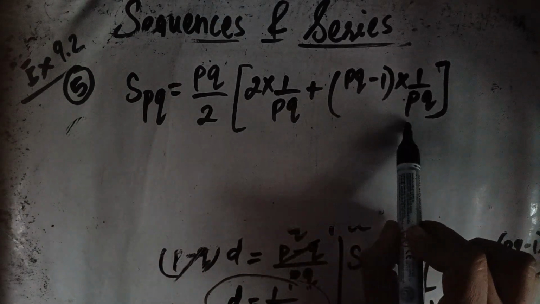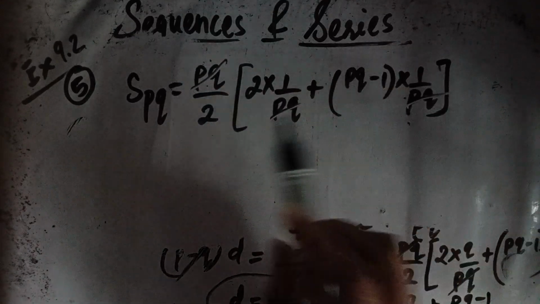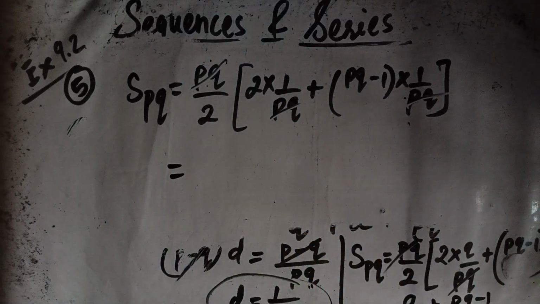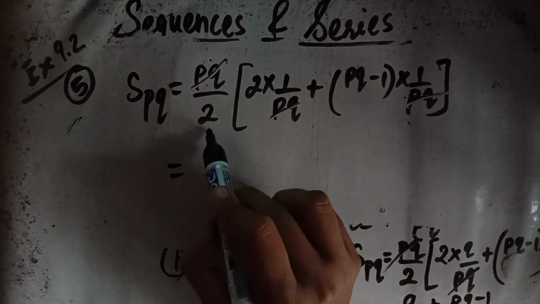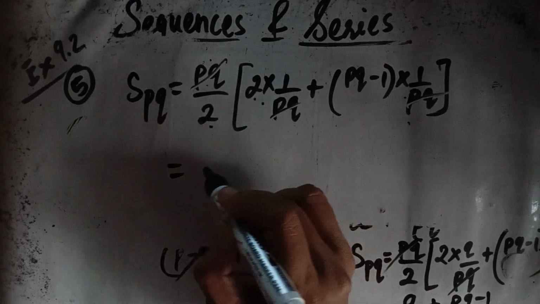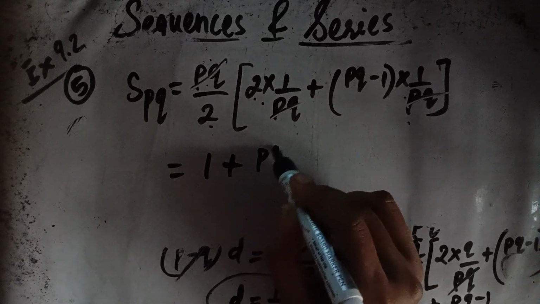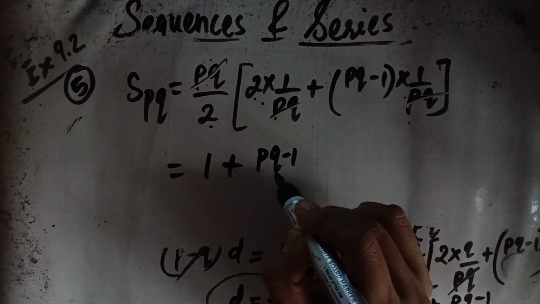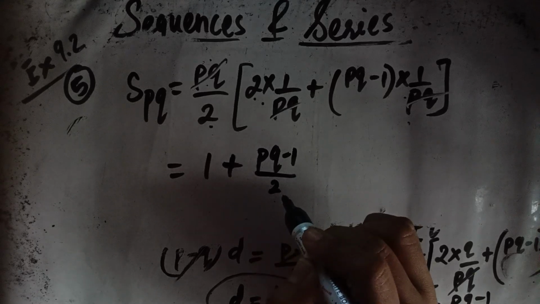This pq you can take common and this gets cancelled with this term. Okay. So we'll get here half is outside. So half if you take inside you'll get here 1 plus pq minus 1 upon 2.